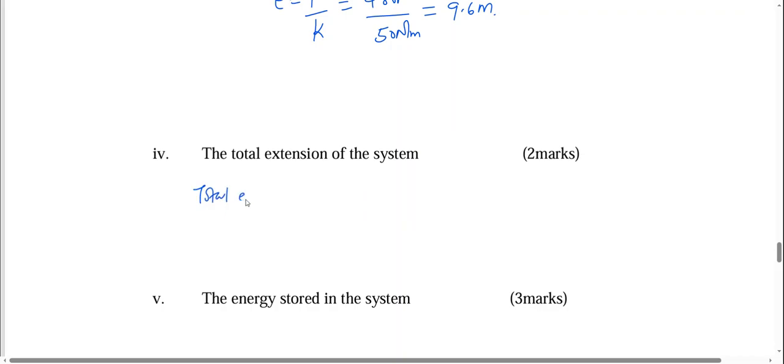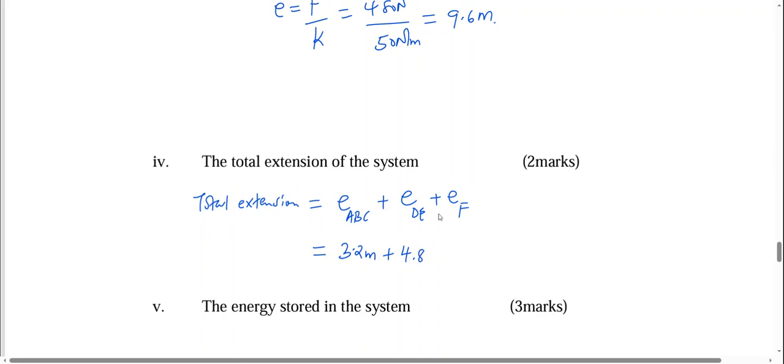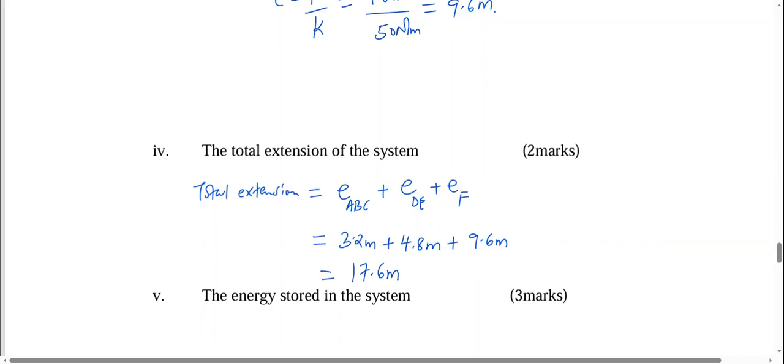Therefore, the total extension is equals to extension due to A, B, C plus extension due to DE plus the extension due to F. So this is 3.2 meter plus 4.8 meter plus 9.6 meter, resulting to 17.6 meter as the total extension for the whole system.